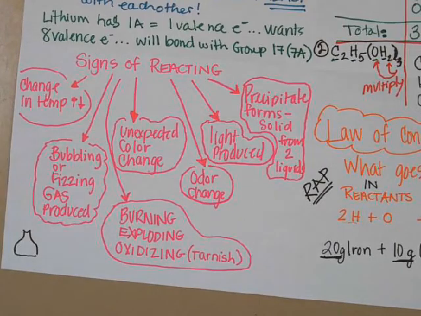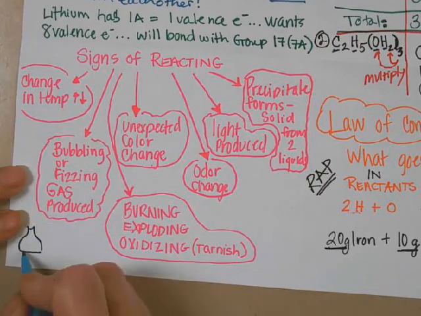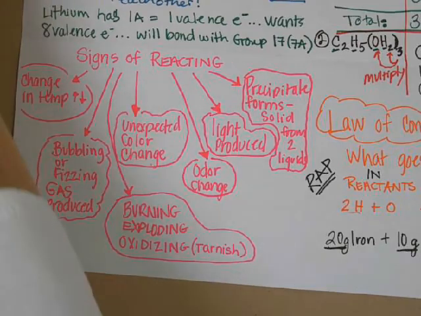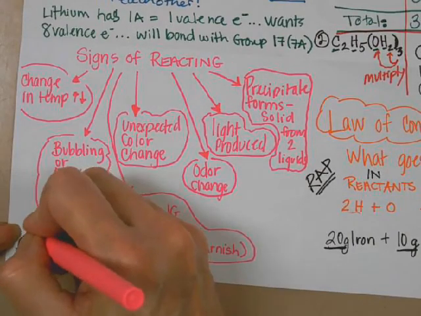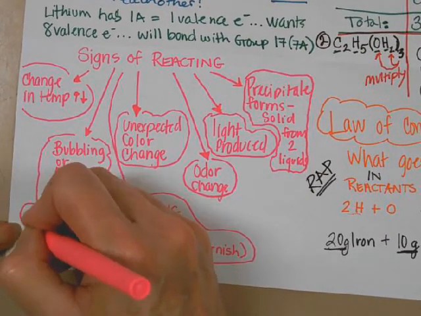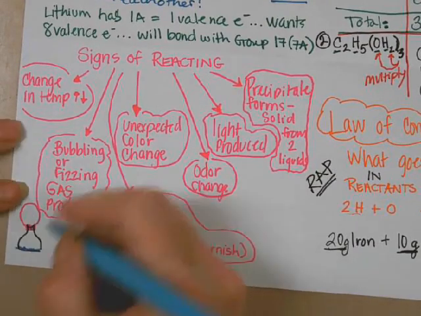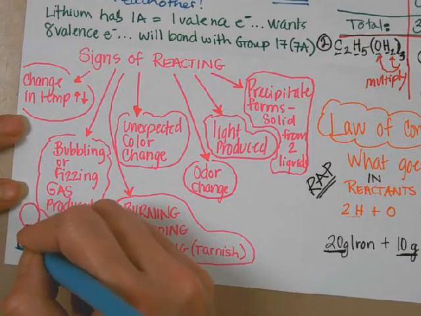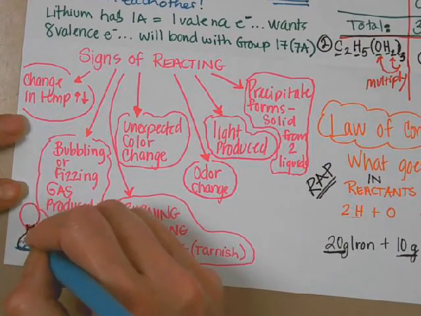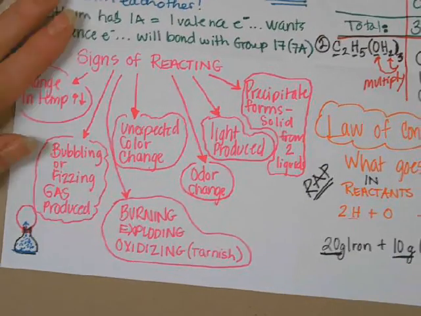We had put vinegar in here, and then we put baking soda in our balloon, and then put our balloon over the top, poured the baking soda in, and it blew up our balloon. So that would be an example of gas produced. Remember, it blew it up because it started fizzing and bubbling. Do y'all remember that? I hope so. All right, so that would be an example of a gas production.